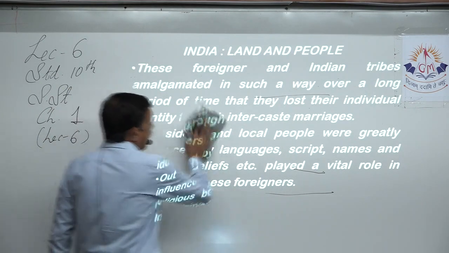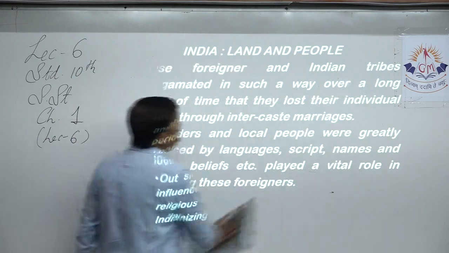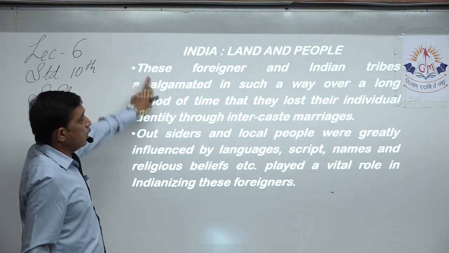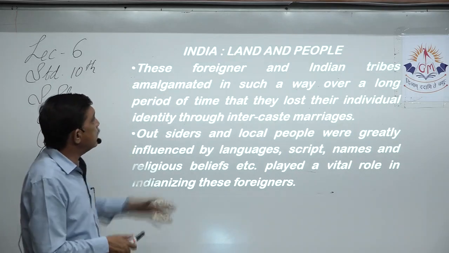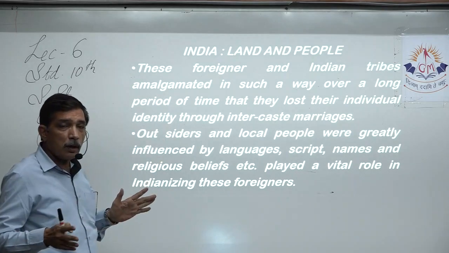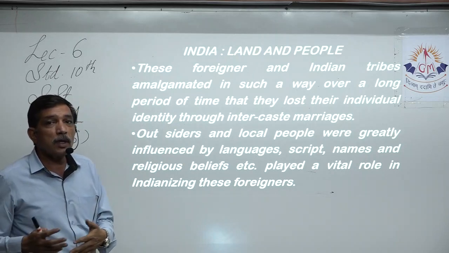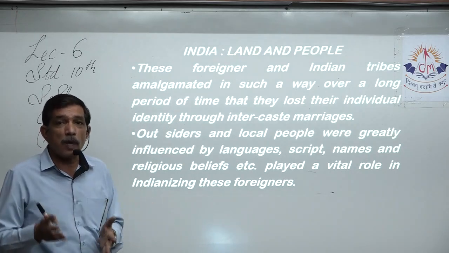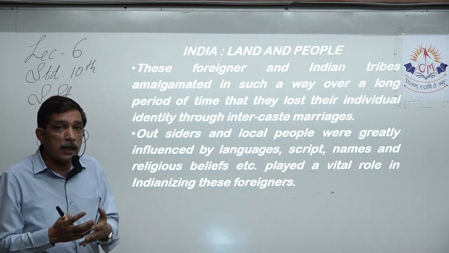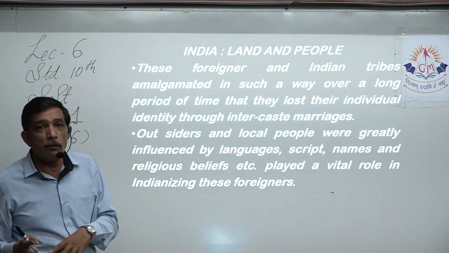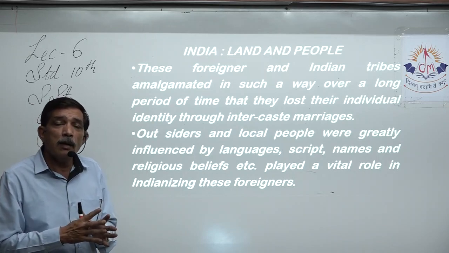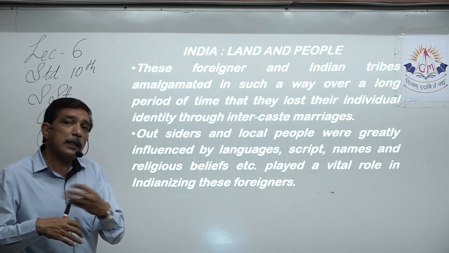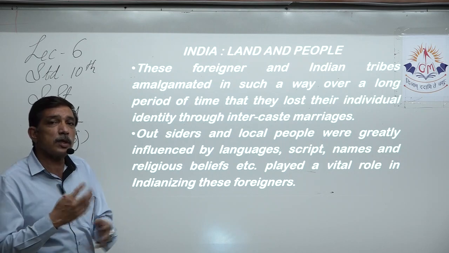Now, how did that happen? These foreign and Indian tribes amalgamated, mixed in such a way that over a period you cannot tell the difference who belongs to which tribe, because by intermarriage, a boy of one tribe and a girl of another tribe, or a girl of one tribe and a boy of another tribe, they marry, and then the genes also get mixed up, the customs, tradition.